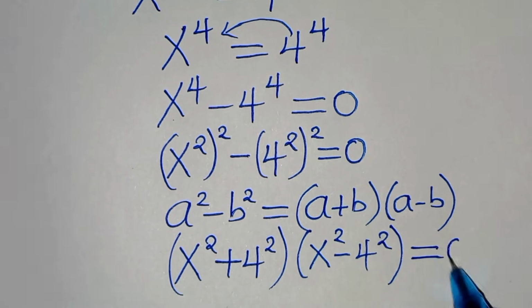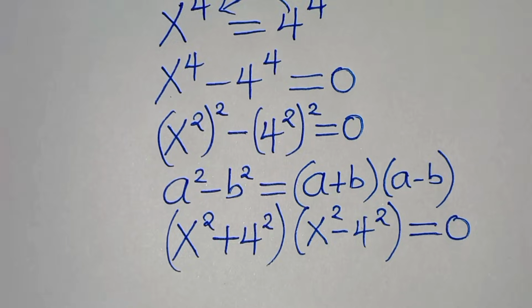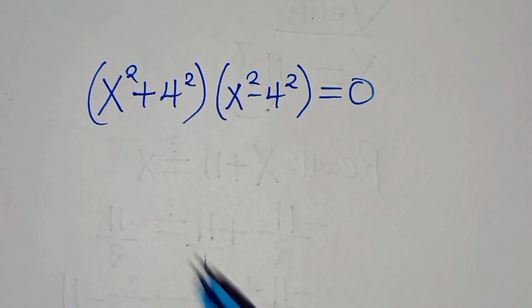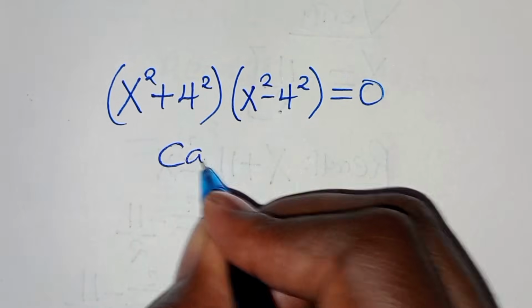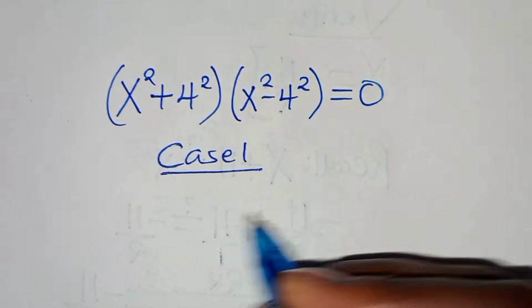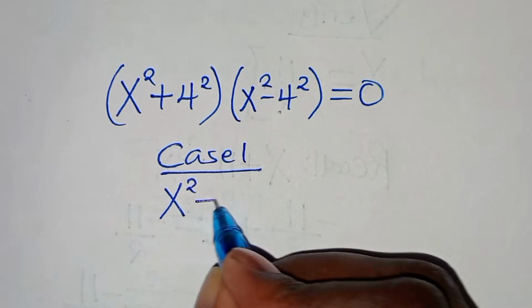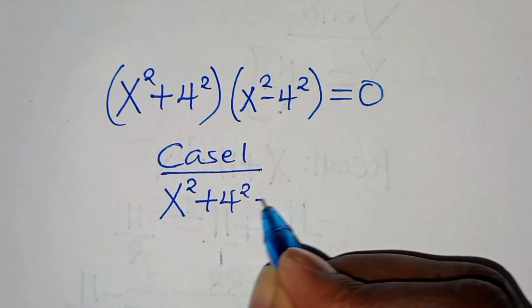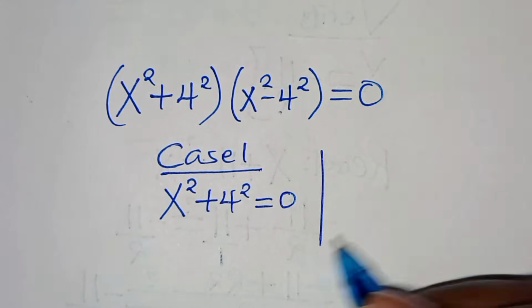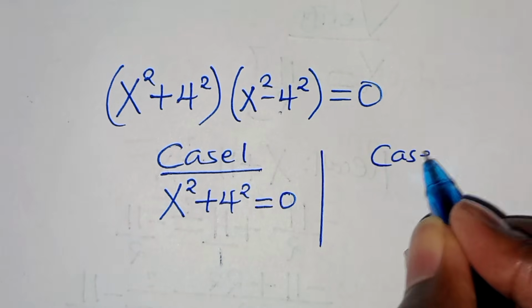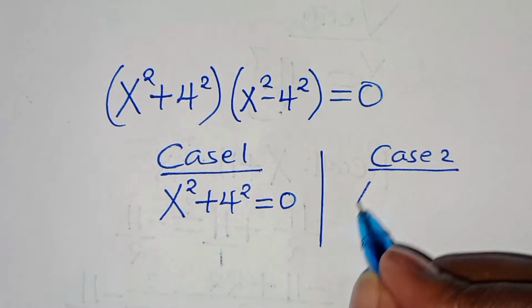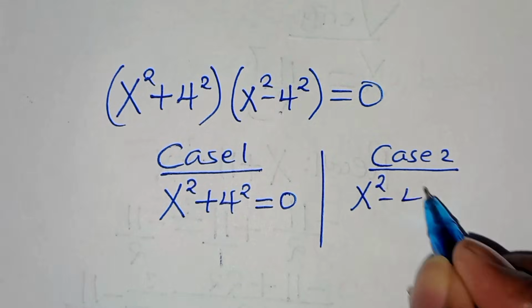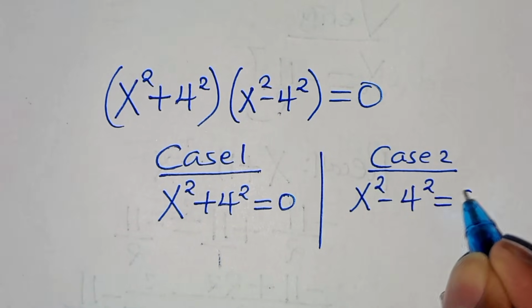This is equal to 0. Now here we have case 1, which is x to the power of 2 plus 4 to the power of 2. This is equal to 0. And we have case 2 here, which is x to the power of 2 subtract 4 to the power of 2. This is equal to 0.